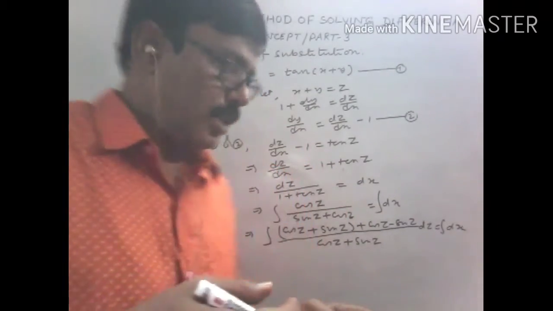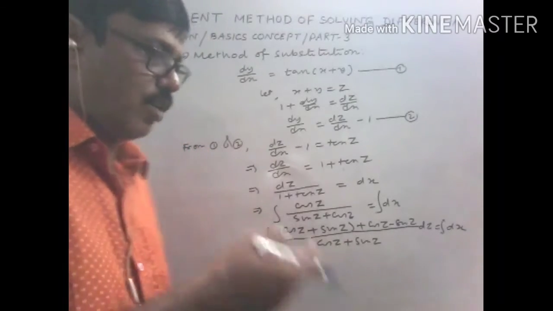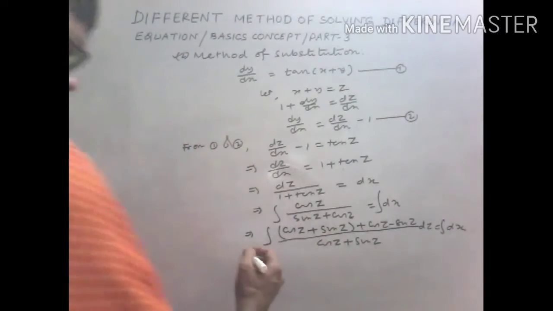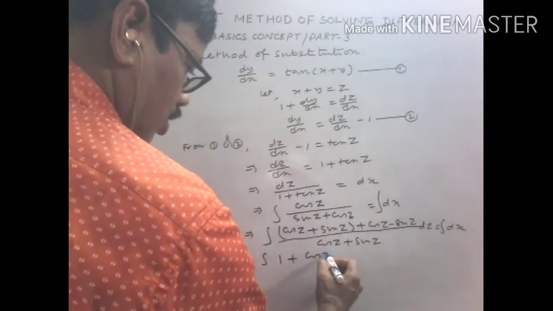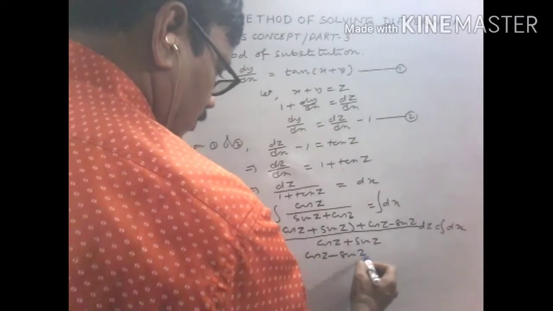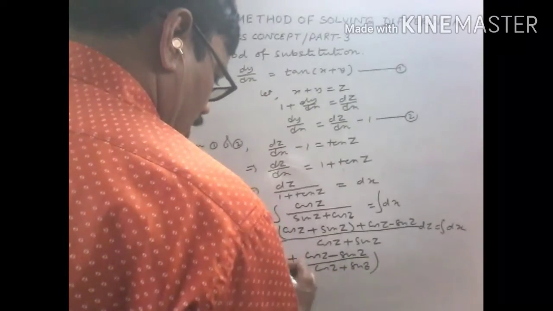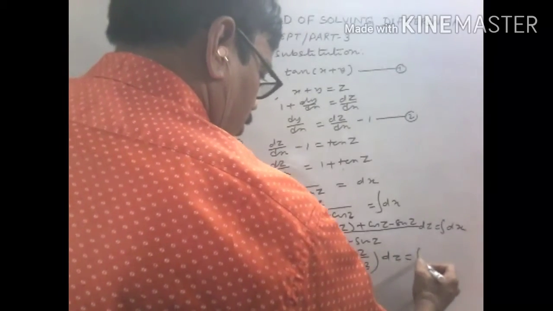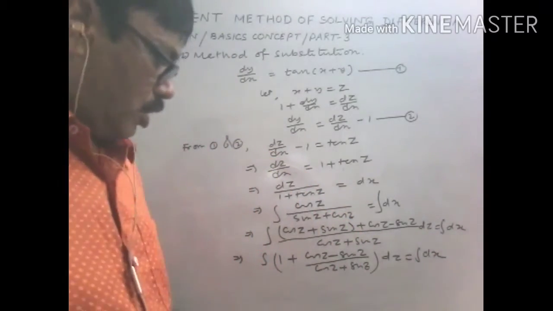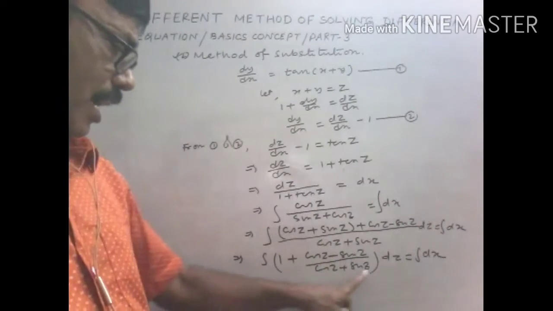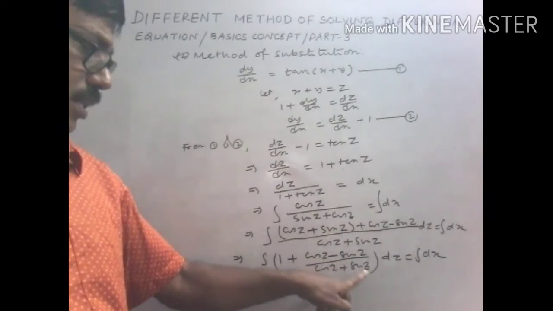I have already stated, to solve differential equations you need the idea of indefinite integration. So this cancels: 1 plus cos z minus sin z by cos z plus sin z into dz equals dx. If we take cos z plus sin z as p, what is the derivative of cos z plus sin z? It is cos z minus sin z.